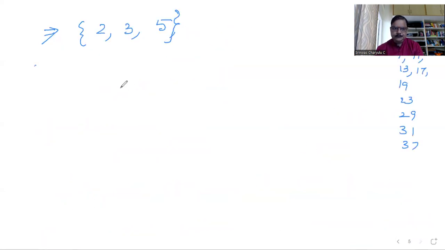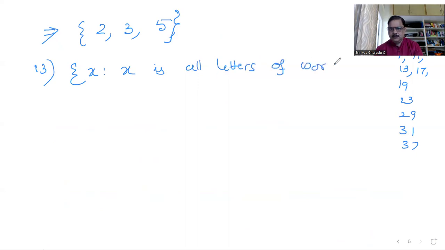13th one. What is the next question now? Set of all x such that x is all letters of the word trigonometry.